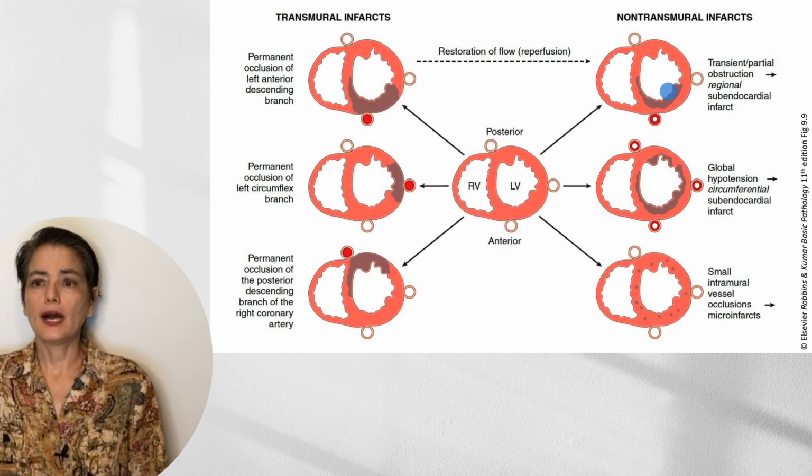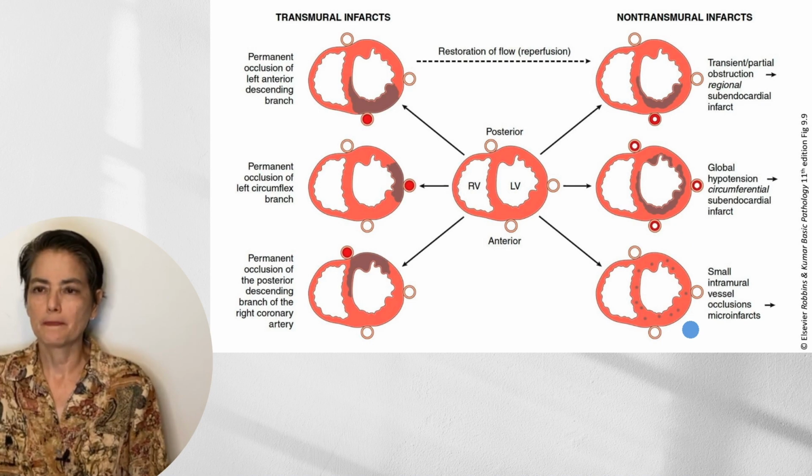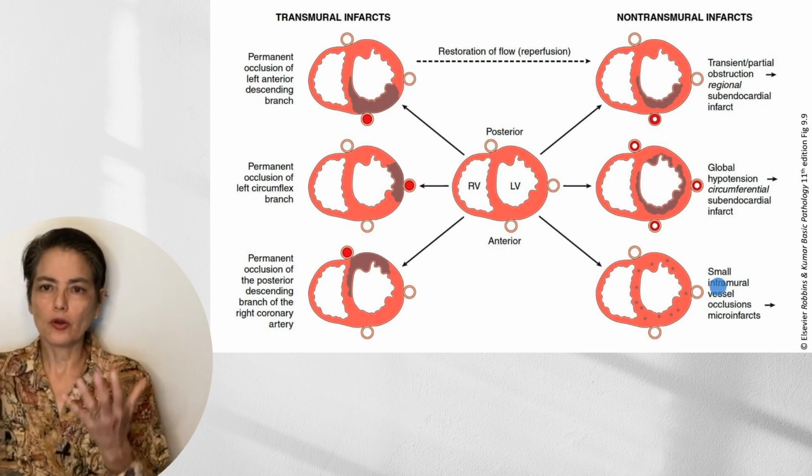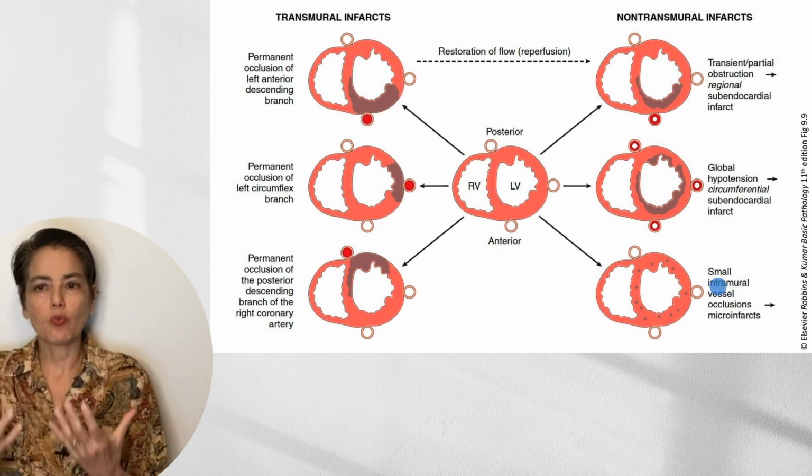If the patient has, as we talked about before, marginal perfusion due to 3-vessel coronary artery atherosclerosis, and then they have global hypotension, for example, in the setting of sepsis with peripheral vasodilation, we're going to get this subendocardial infarct that is circumferential. And finally, what we can see when we have these small intramural vessel occlusions is these microinfarcts. So this is the gross sort of map of what we see.